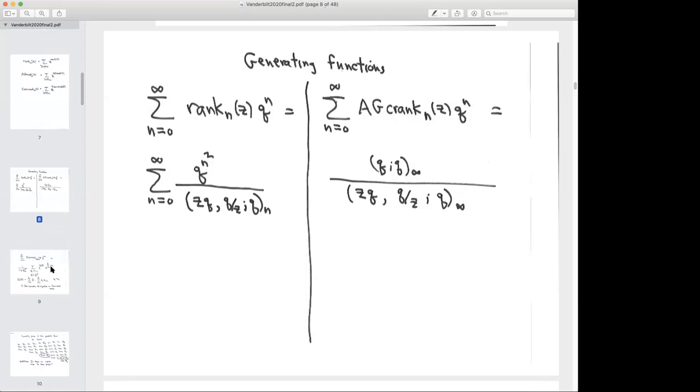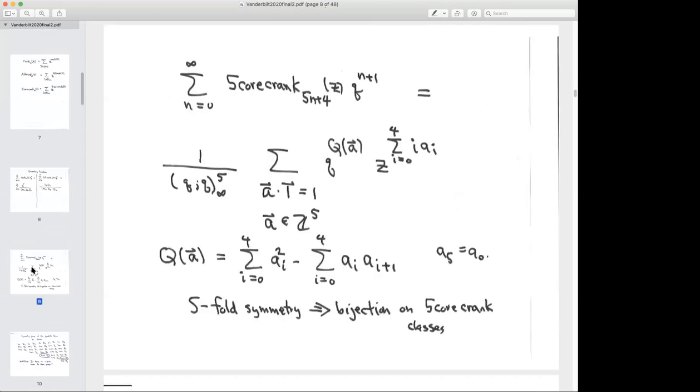For the 5-core crank, something a little more complicated is true, but actually it's better than the other generating functions, in my opinion. What's more complicated is, if I were just to do the 5-core crank at n, I could tell you what that is, but I'm not going to tell you. I'm going to tell you what it is on 5n plus 4. I'm going to restrict it to 5n plus 4.